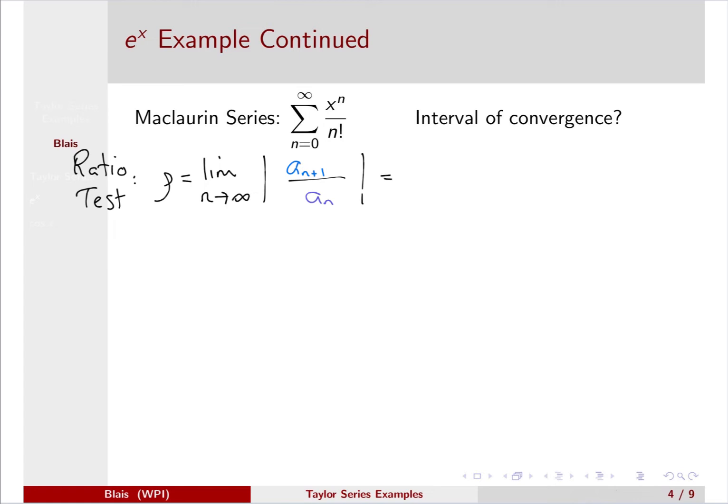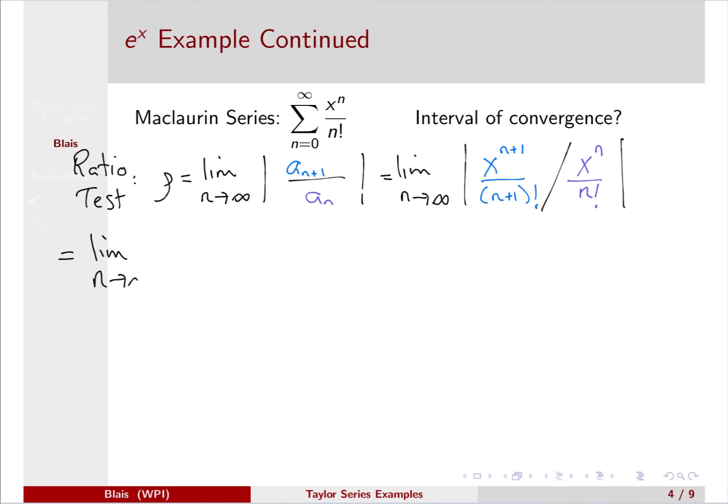In this case, that is the limit, as n goes to infinity, of the absolute value of, let's take each instance of n and change it to n plus 1. So we have x to the n plus 1 over n plus 1 factorial divided by the nth term, which is x to the n over n factorial.